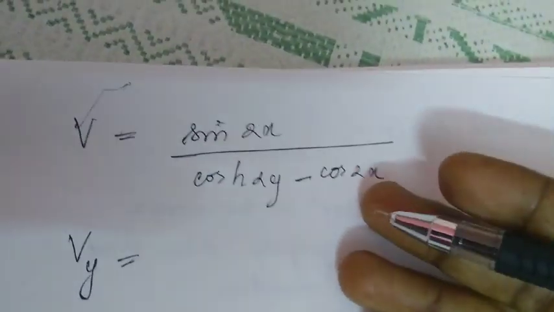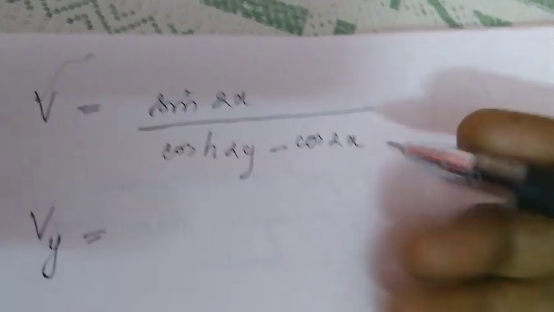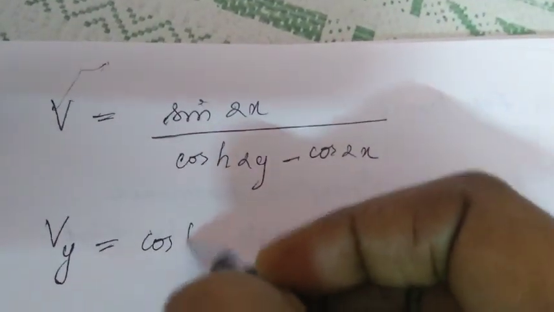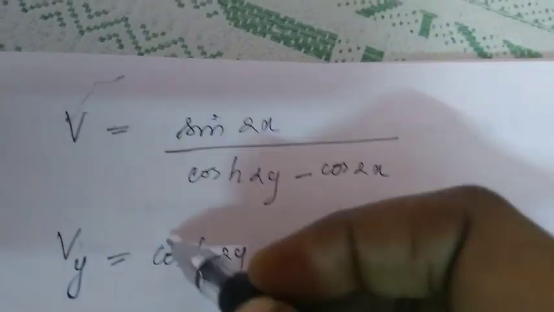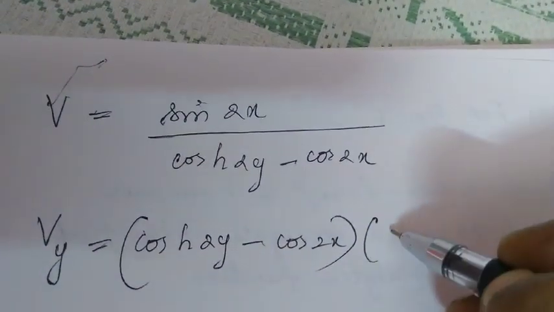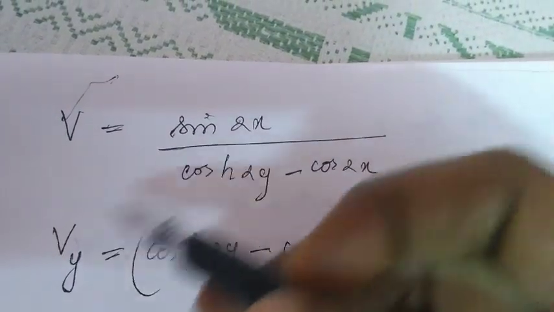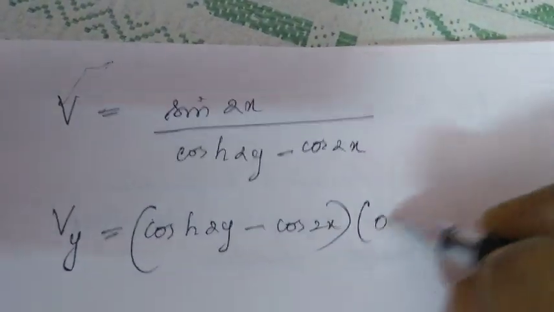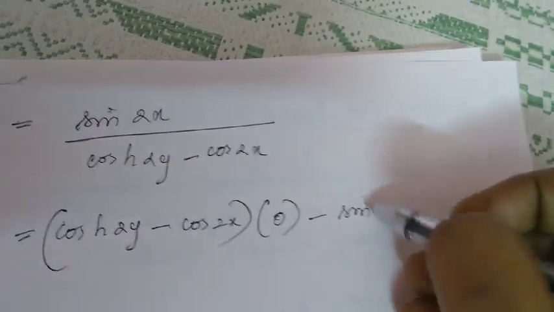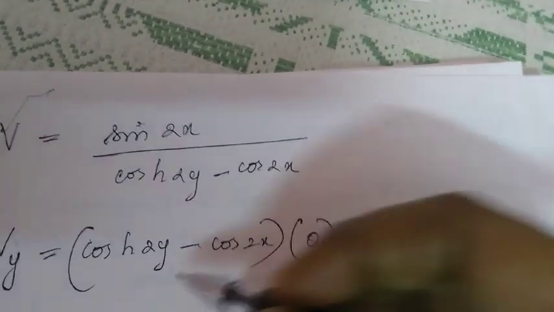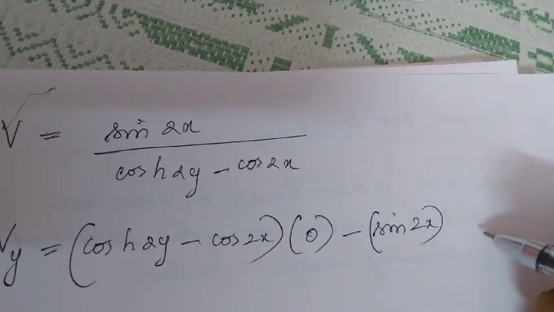Again if you want, you can do by the u by v method itself. The same, it's cosh 2y minus cos 2x, and differentiate the numerator. When you differentiate your numerator with respect to y, it is 0, since you don't have y there, minus have your numerator as its sin 2x, that is v u dash minus u v dash.